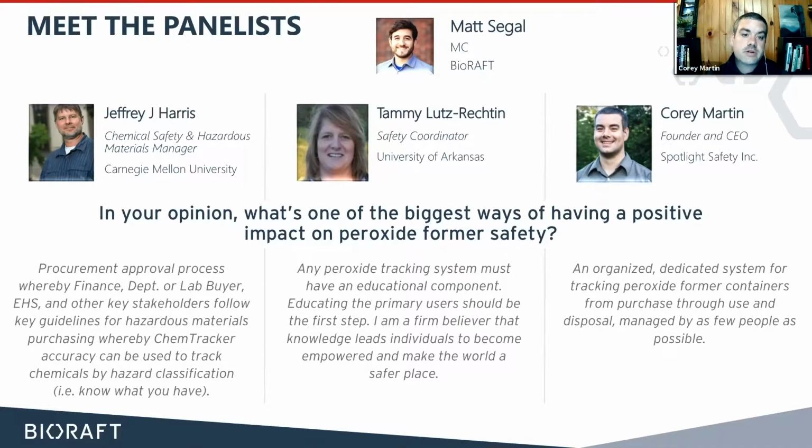But really, in terms of getting those communication channels open, I think the biggest thing is to help them understand which chemicals in their inventory are at risk. For those who are maybe newer to peroxide formers, there are different categories of risk. There are certain ones that are definitely more likely to become dangerous quickly than others.